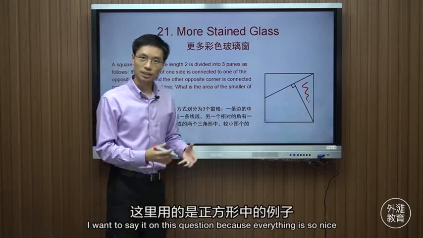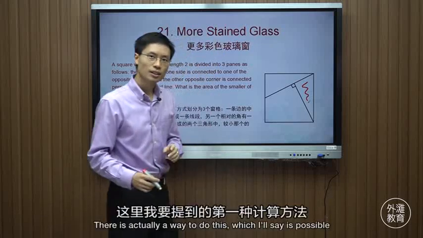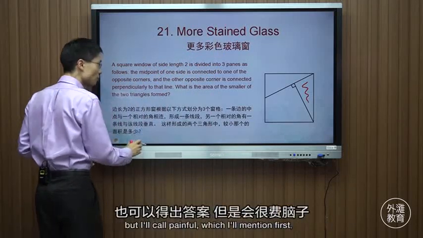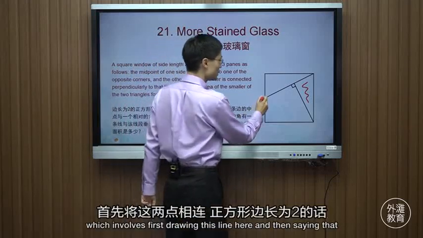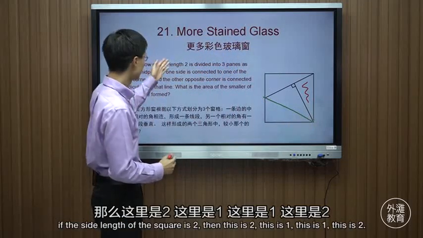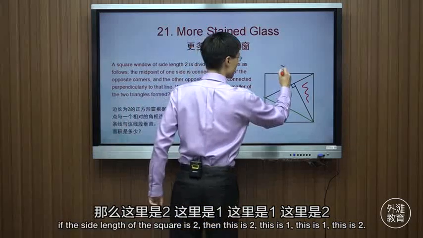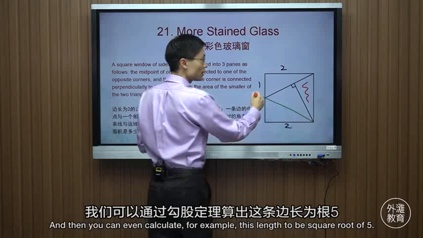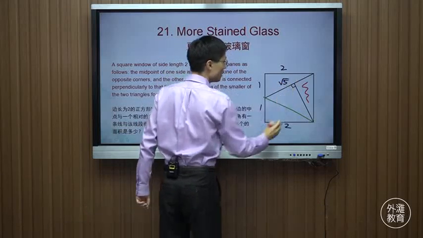I want to say on this question, because everything is so nice, because we have a square, there is actually a way to do this, which I would say is possible, but I would call painful, which I'll mention first. It involves first drawing this line here, and then saying that if the side length of the square is 2, then this is 2, this is 1, this is 1, this is 2, and then you can even calculate, for example, this length to be the square root of 5.